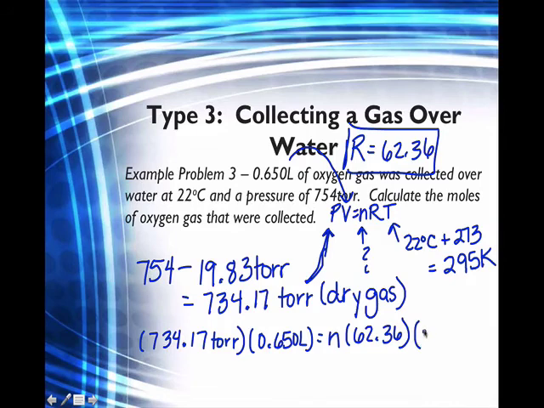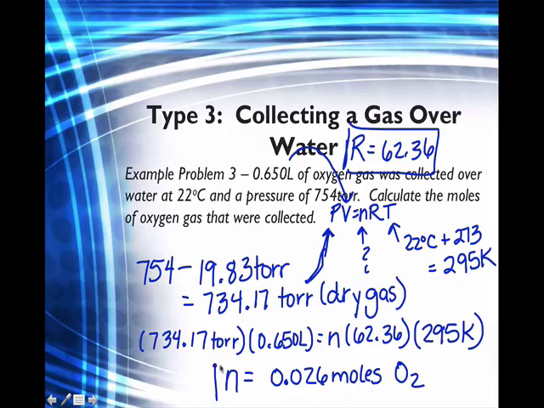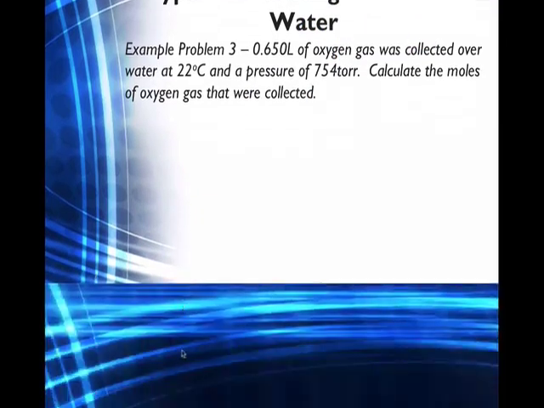And then my temperature in Kelvin is 295. I do all that and I solve for moles, and we end up finding 0.026 moles of oxygen gas. So just making sure when we collect things over water that we use that green sheet to account for the water vapor pressure that's going to be with that gas.